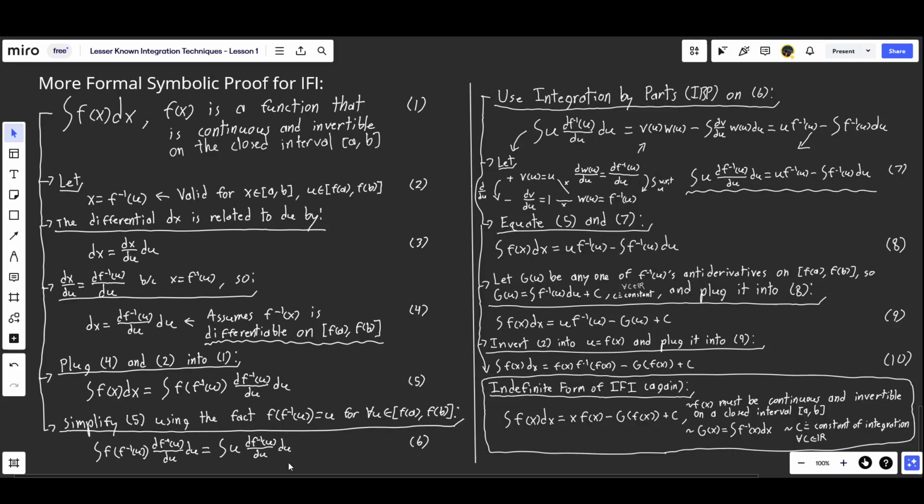We can then use integration by parts to rewrite this indefinite integral into a more tractable form.